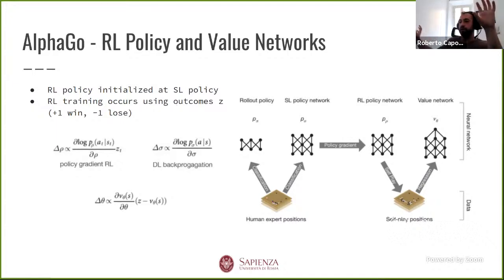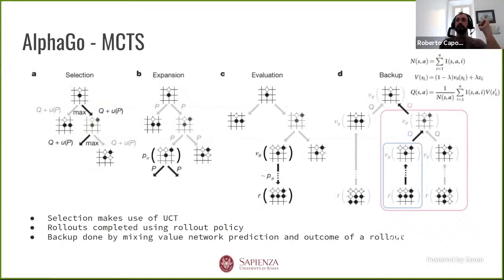It keeps one old version of itself, and time by time, this old version gets replaced by the newer version of itself. So this is not something that occurs every time, but every once in a while. And together with this reinforcement learning policy, there is a value network. And let's see how these are used in detail.